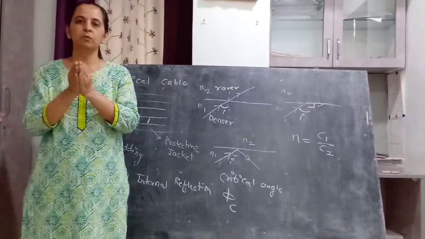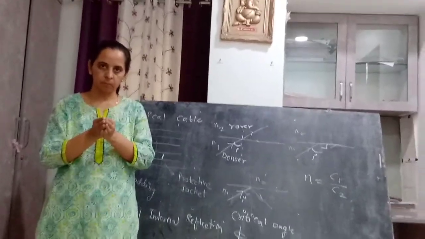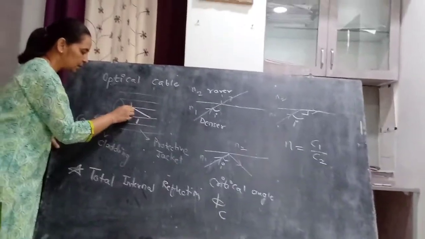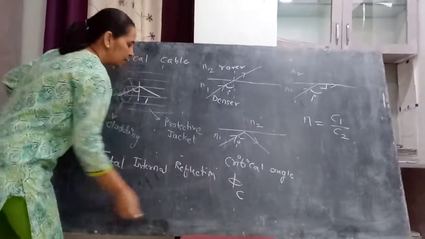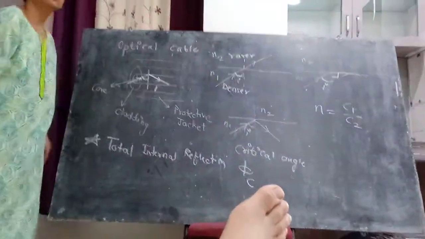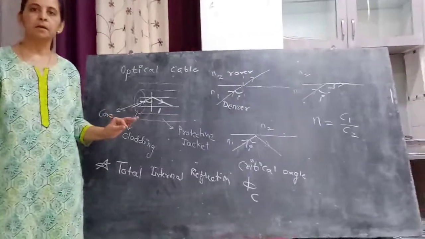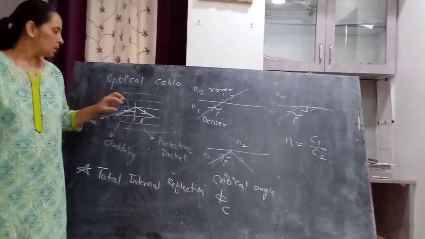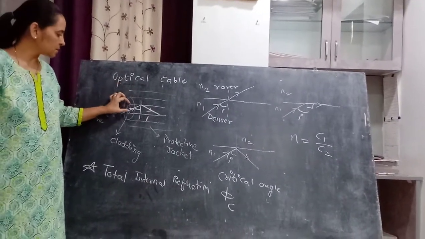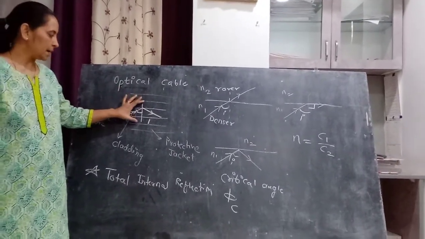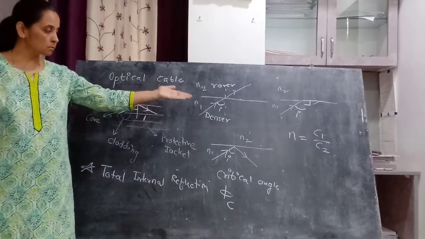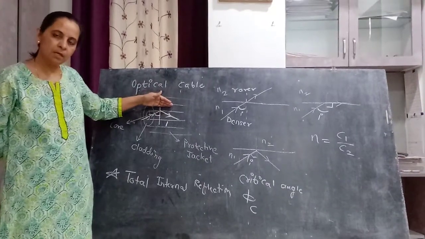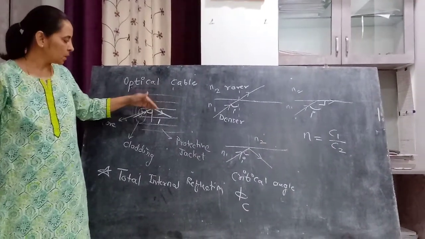So the basic thing we need is that the angle of incidence at which the ray enters the core should be greater than the critical angle, then only it will follow total internal reflection. And it is totally based on Snell's law. The construction of this optical cable is the core at the center, then the cladding. Now why do we need cladding? To obey these laws, right? You want a rarer medium immediately outside the denser medium, then only this can happen.